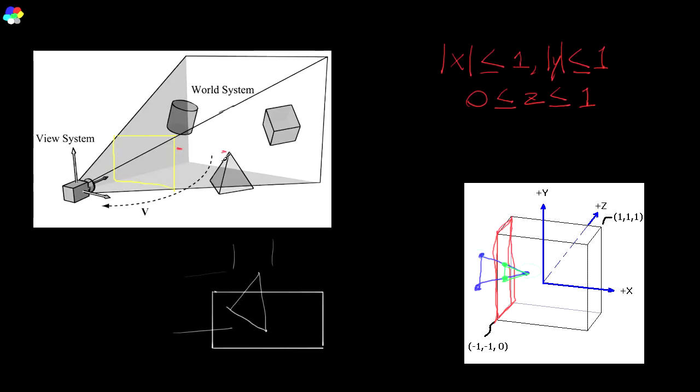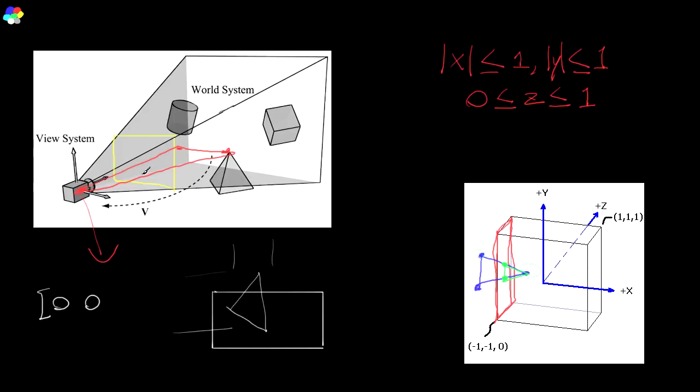2 of the vertices are inside of the frustum, but one of the vertices is right at the origin. So it's at Z equals 0. What is going to happen? Well, when you do your projection transform on this vertex, you're going to get X equals 0, Y equals 0.